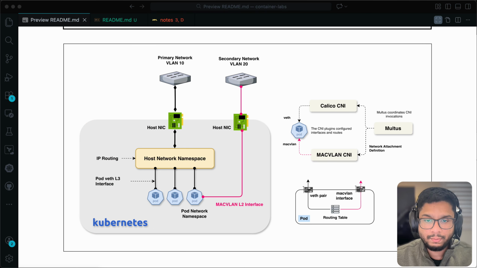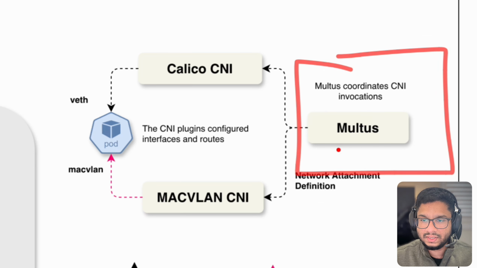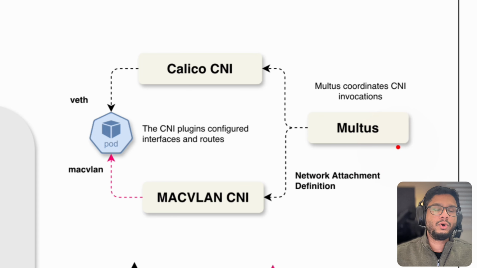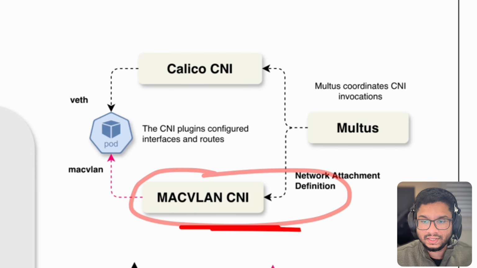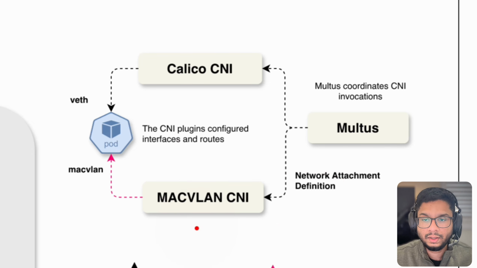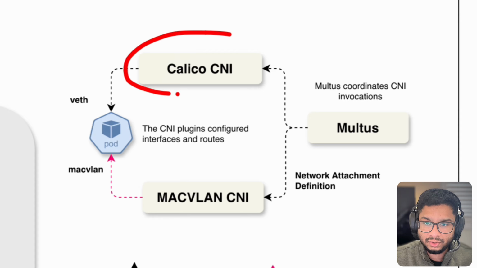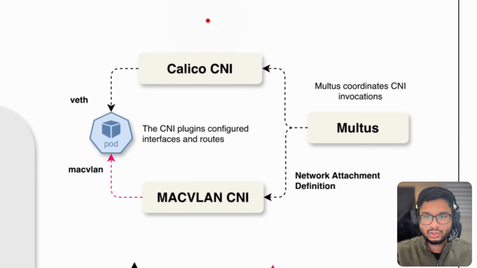Now, in this lab, we're going to start off by configuring what is known as Multus. Multus is what is also called a meta CNI plugin. It's able to coordinate multiple CNI invocations. And in the nodes in this cluster, we will deploy MacVLAN CNI, which is another CNI plugin. And this will be deployed in addition to Calico CNI, which we have installed as part of the cluster setup.